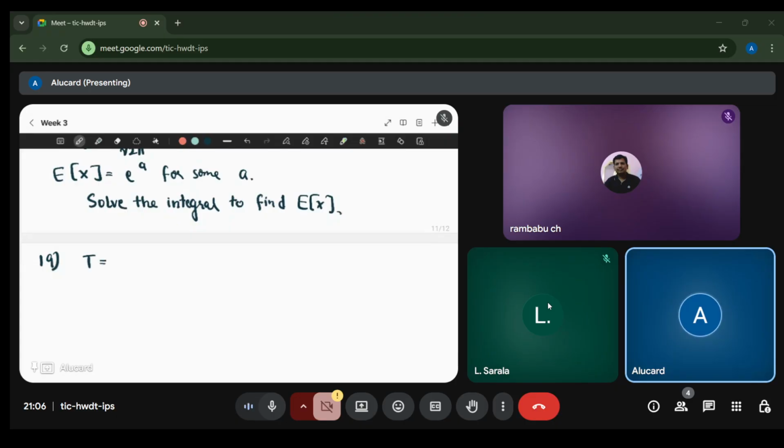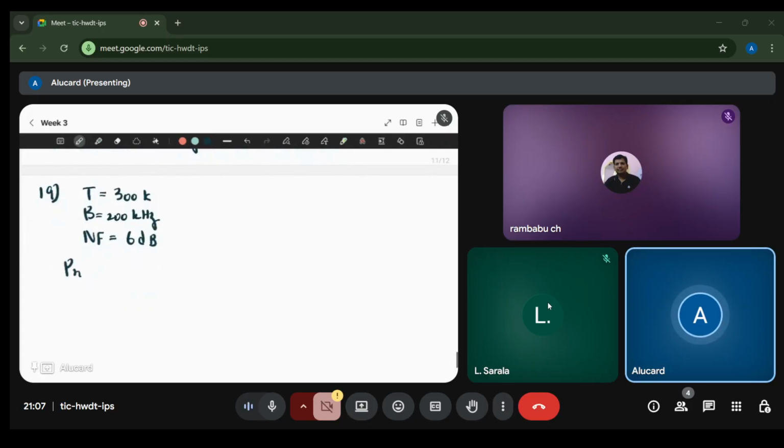So temperature is 300 Kelvin and bandwidth is 200 kilohertz and noise figure is 6 dB.